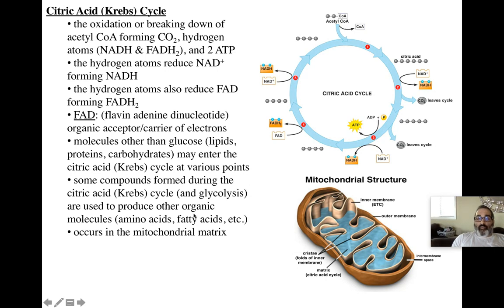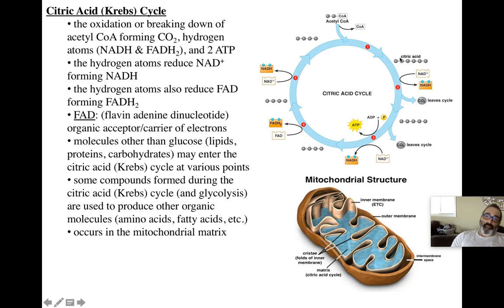Now, just so you know, your body doesn't always start with sugar. There are certain people on no sugar diets, so their body needs to get fuel from other sources, like lipids, oils or fats, or proteins or carbohydrates. Molecules other than glucose can enter the cycle. Your body may convert them into citric acid, for example.